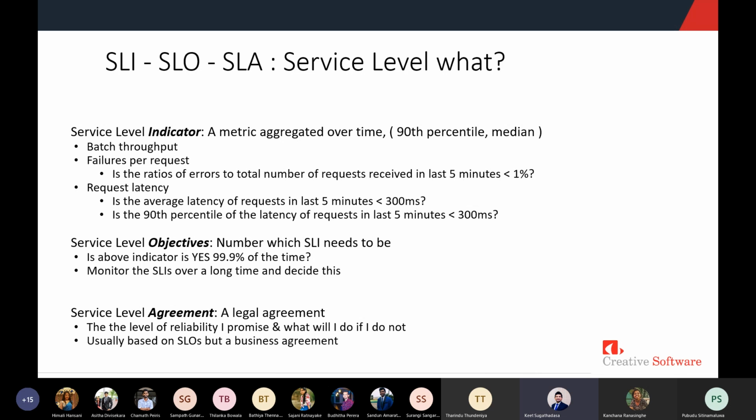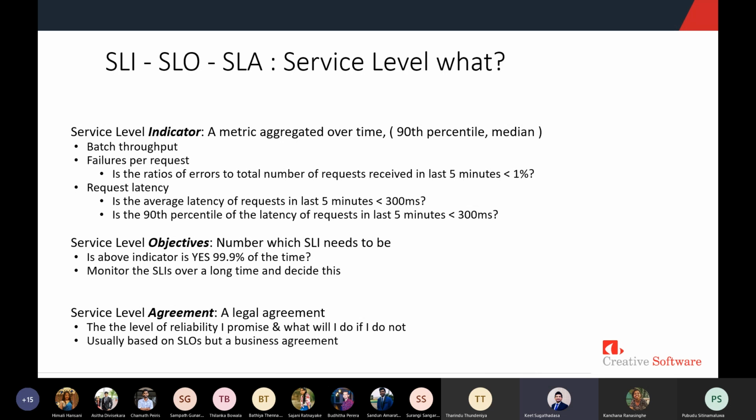For example, if I say that most of my request latencies have to be less than 1 second, we know that it is not 100% possible. So I can say that my system's request latency is less than 1 second 99.9% of the time, but the remaining 0.1% can go above 1 second.